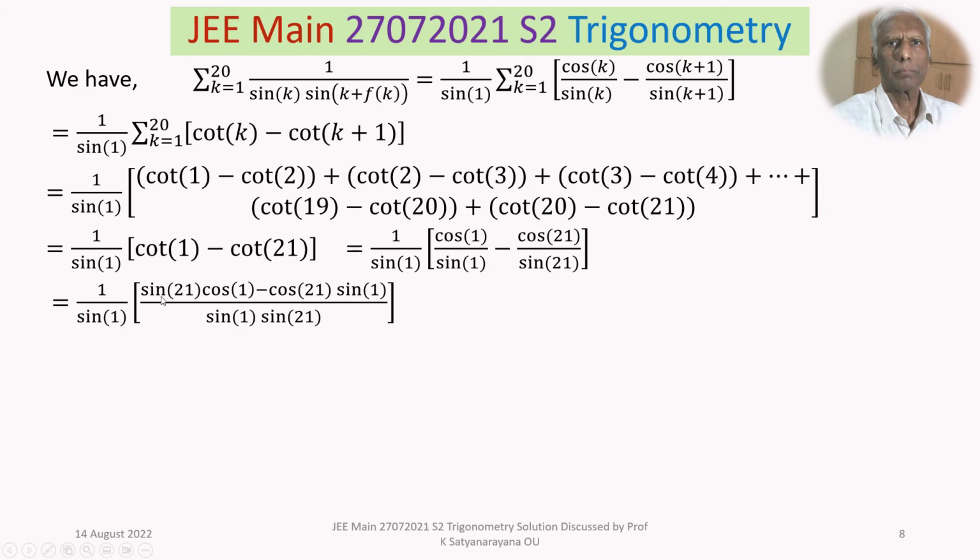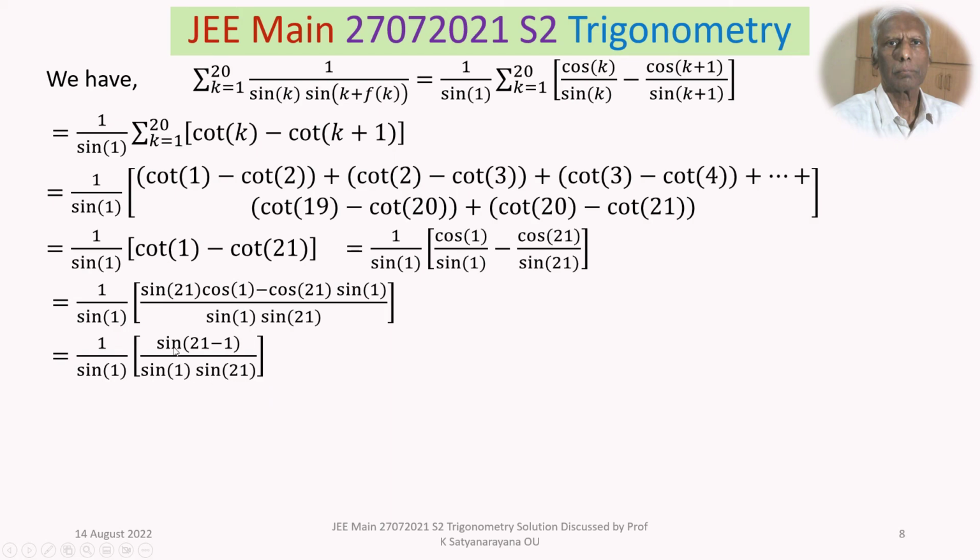If you see carefully, it is sin of a minus b, that is sin of 21 minus 1, by the denominator. That will be 1 by sin 1 into sin of 21 minus 1 by sin 1 into sin 21. And sin of 21 minus 1 is sin 20. And 1 by sin 1 times 1 by sin 1 is 1 by sin square 1, which is cosecant square 1. And 1 by sin 21 is cosecant 21.